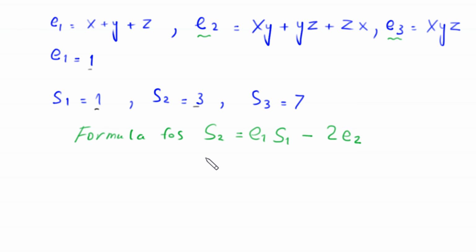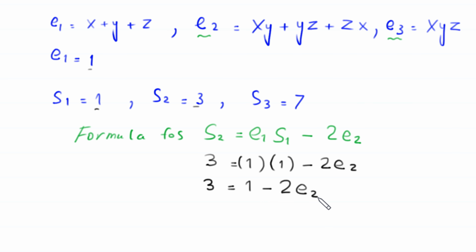So this becomes 3 is equal to 1 times 1 minus 2 times E2.